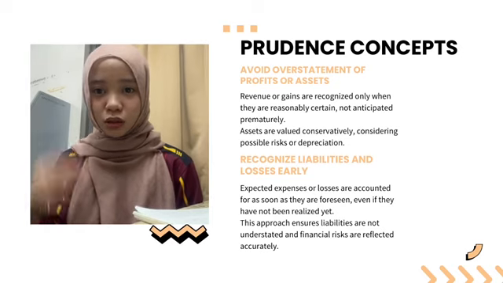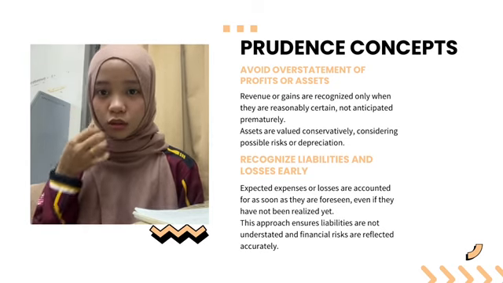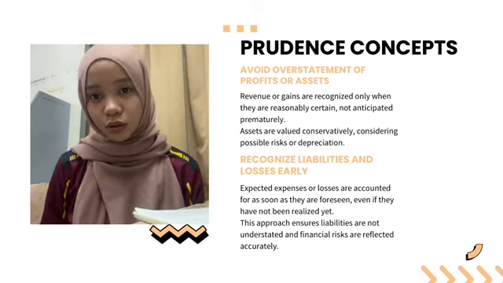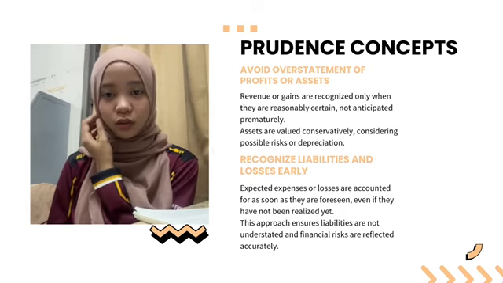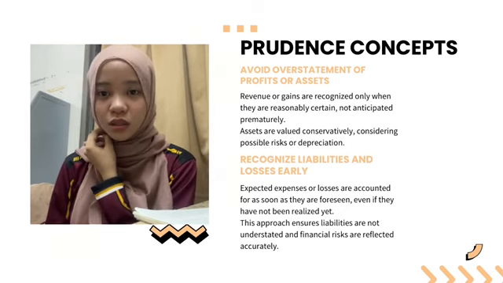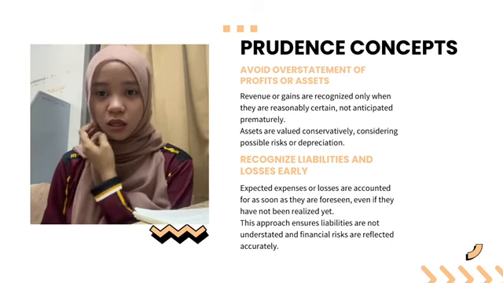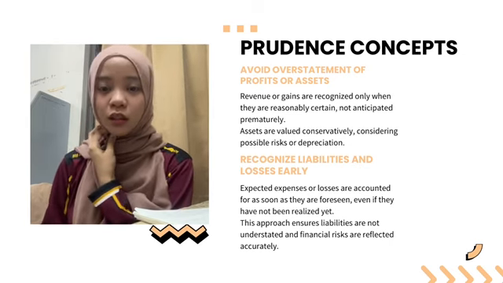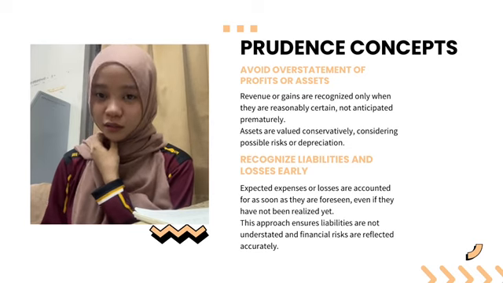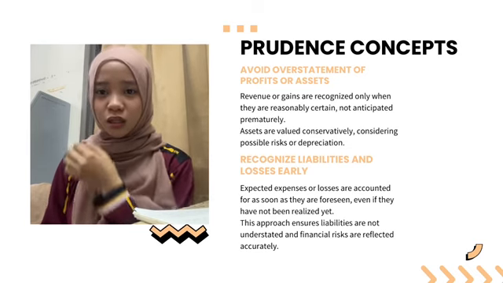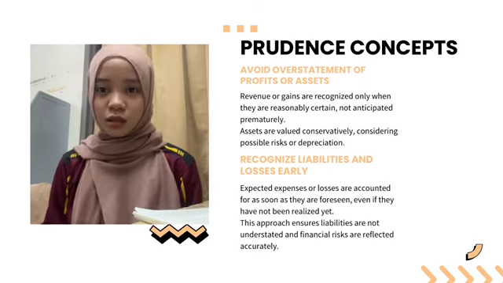The accounting concept of prudence is known as the conservatism principle in accounting and financial reporting, to ensure that assets and income are not overstated, while liabilities and expenses are not understated.